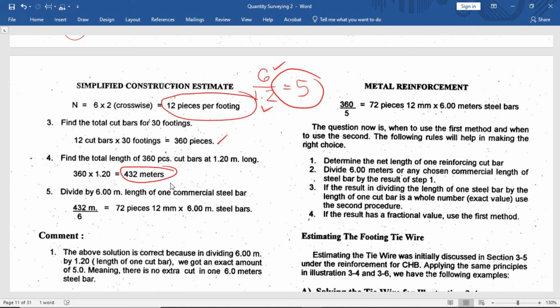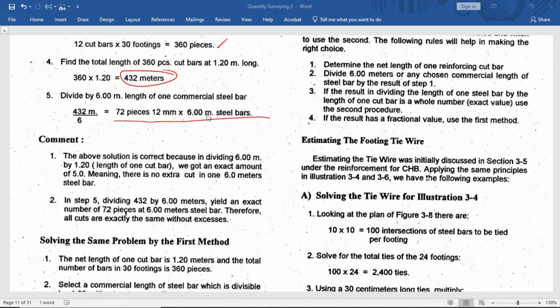So, i-divide natin. Meron tayong 432 meters ng cut length bars, divided by 6. So, meron tayong 72 pieces ng 12 mm by 6 meters steel bars. So, there are comments. The above solution is correct because in dividing 6 meters by 1.2, it is an exact 5.